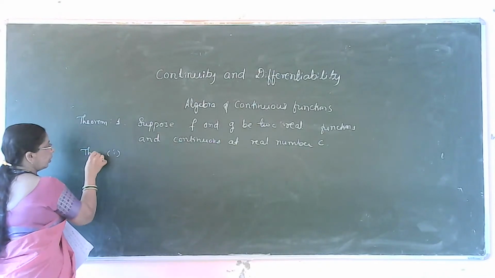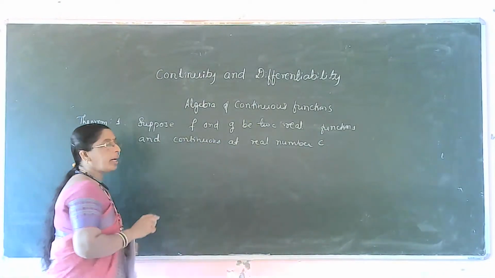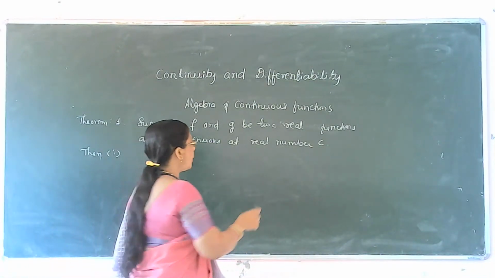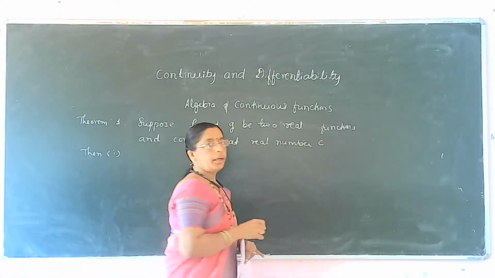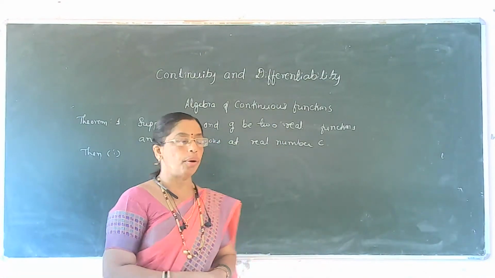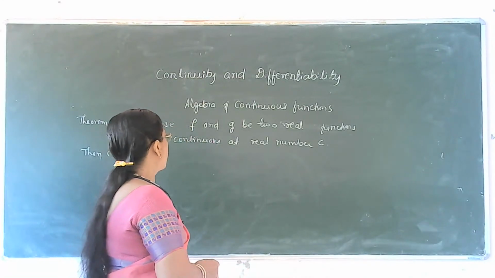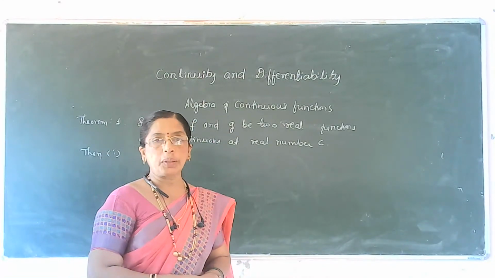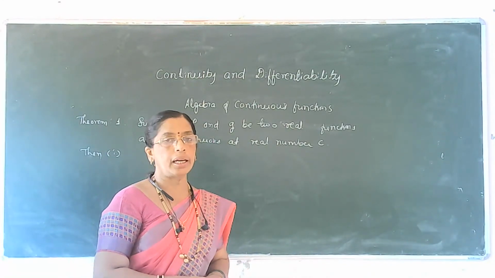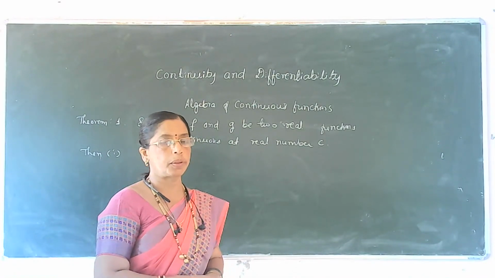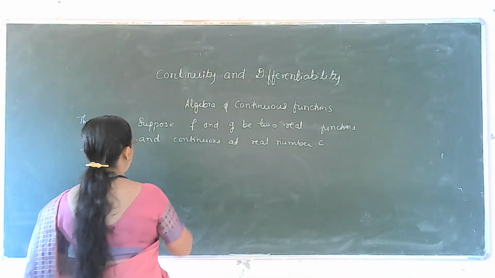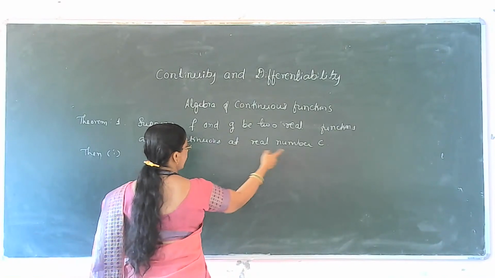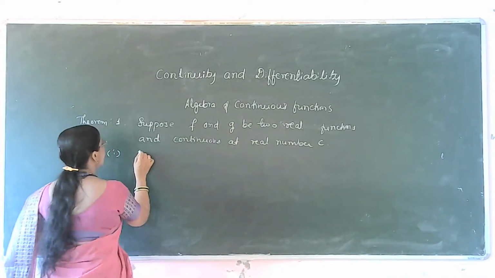Suppose f and g are two real valued functions. It means the domain of the function is the real numbers, and they are continuous at the real number c.